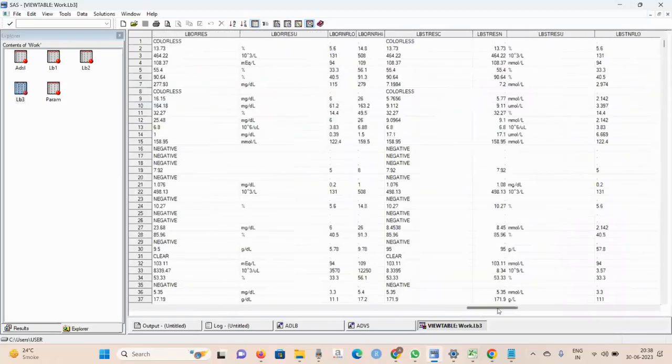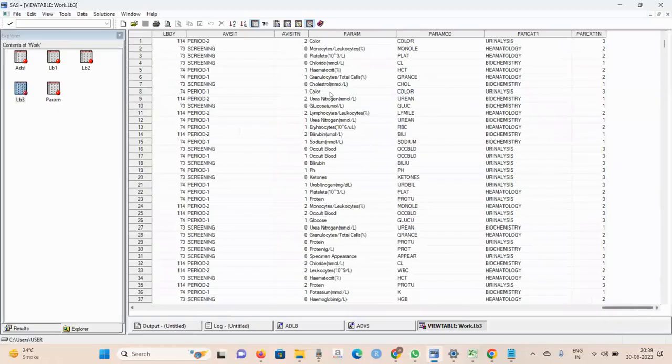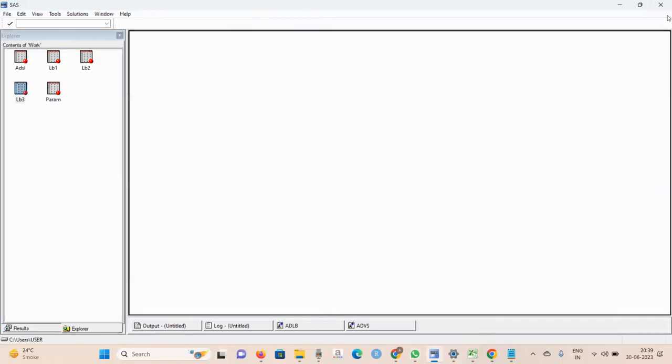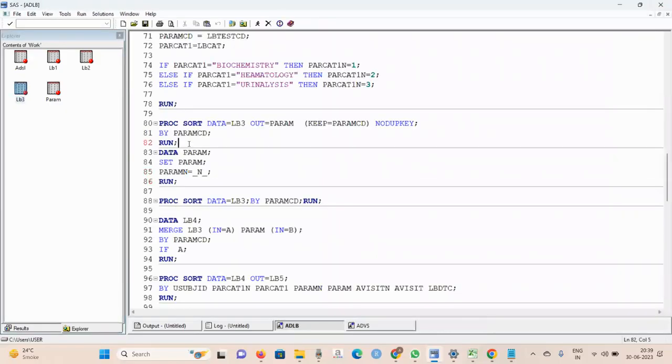So I got the param, the paramcd, and the parcat. Okay, the parcat one I have given. Then I sort by paramcd. So I keep the paramcd, and if I have any duplicate values by paramcd, I'm removing those ones.